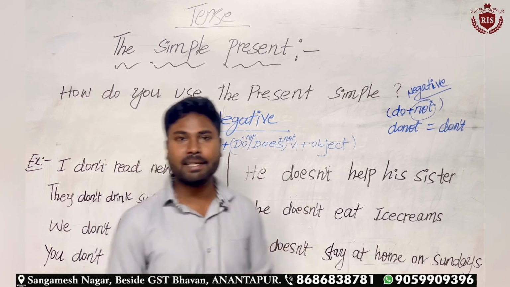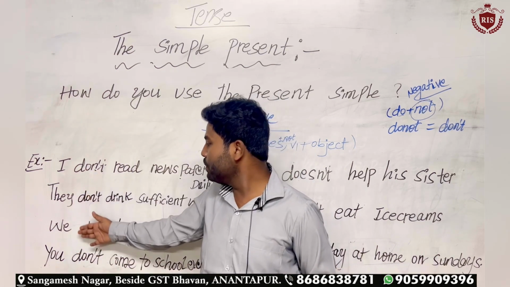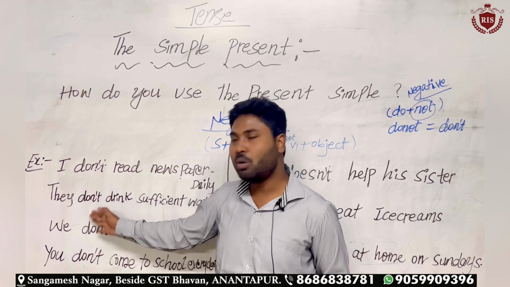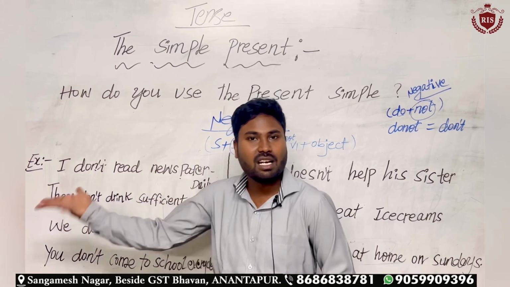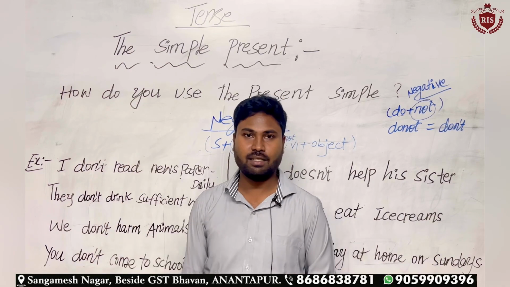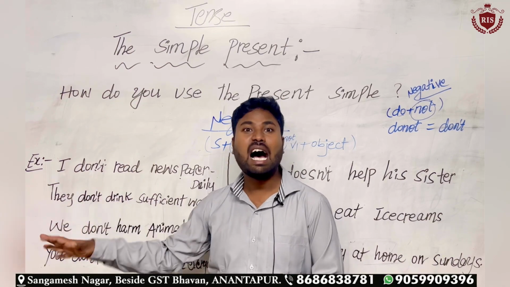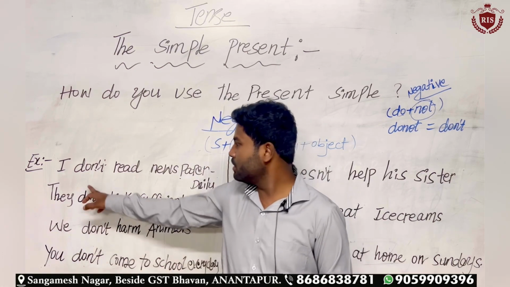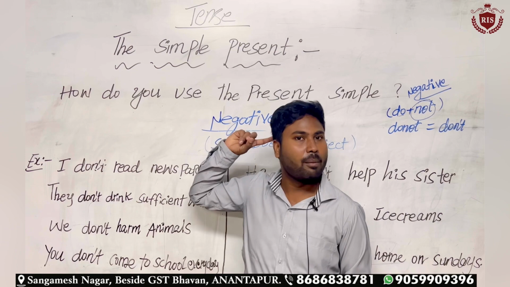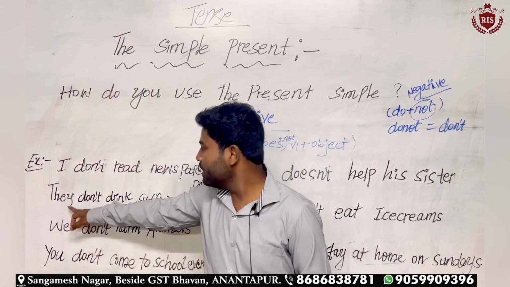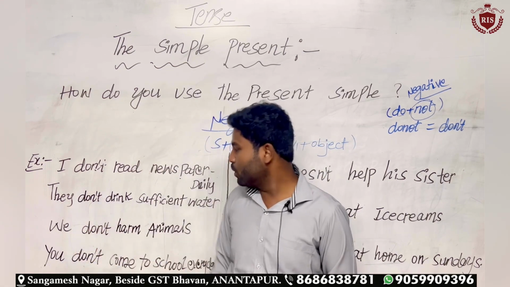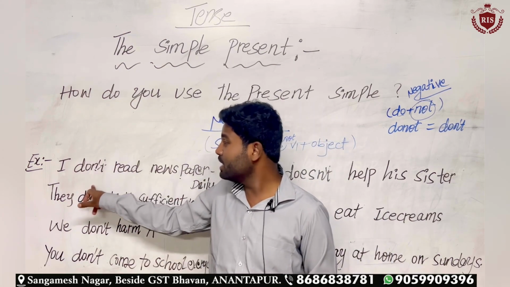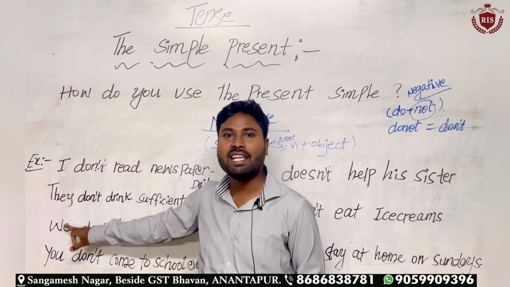If you have taken the pronouns I, they, you, we, these four pronouns, you must take don't as the contractive form in the negative sentence. Do plus not, you can even say I do not, but let us use the contractive form of modern English, don't. They don't, we don't, you don't. Has everyone understood? Don't is taken only for the pronouns I, they, we, you.